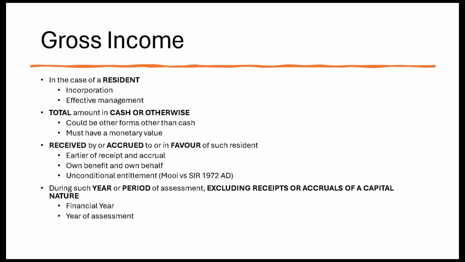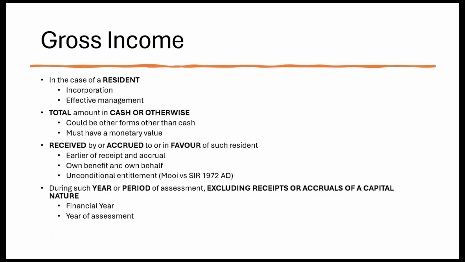Now, the other part about a year of assessment that's also very important to keep in mind: in some cases, they may throw a scenario at you where you tick all the boxes. This is a resident, this is cash, or it's something in kind, it's been received, and it doesn't fall into this year of assessment.